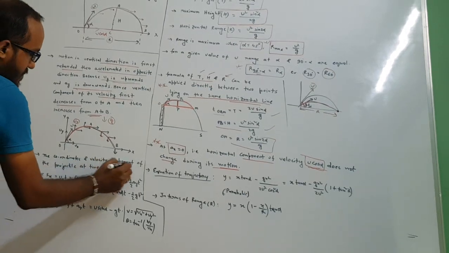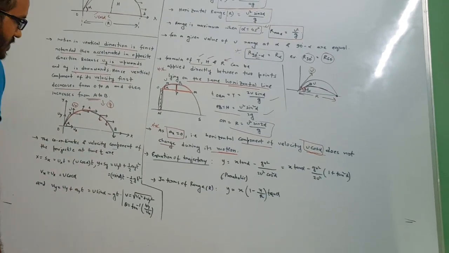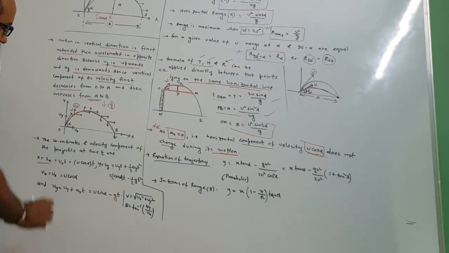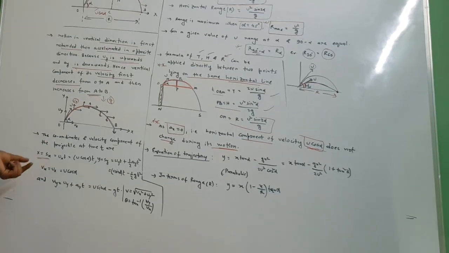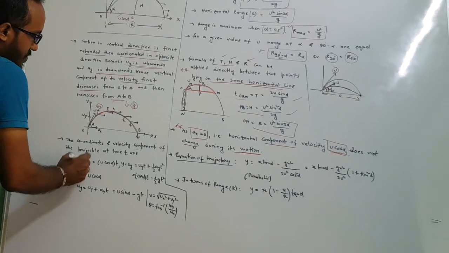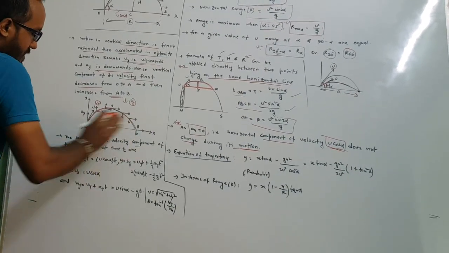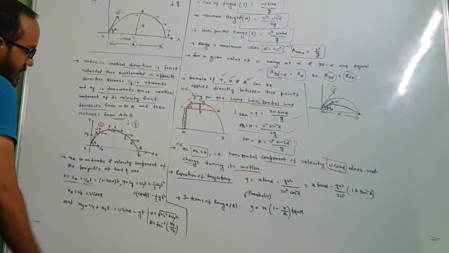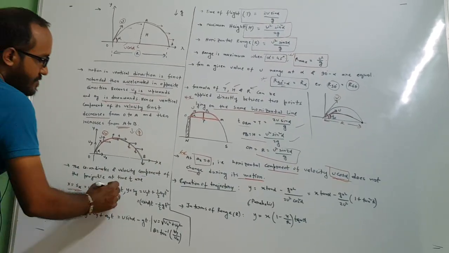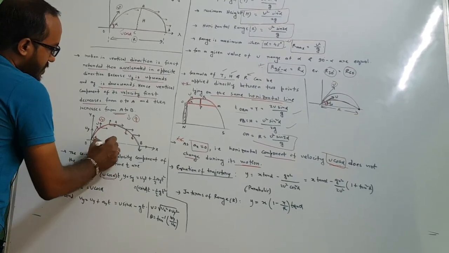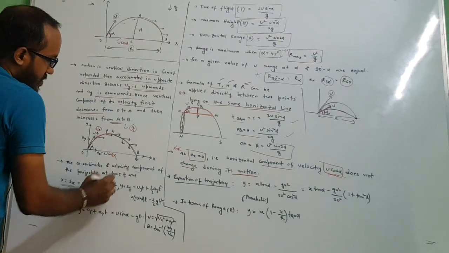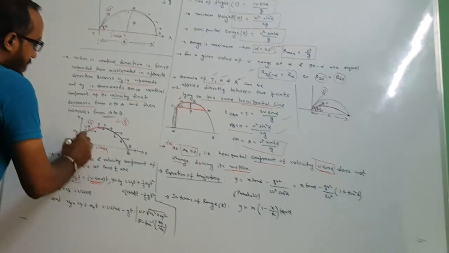The coordinates and velocity components are, see, the coordinate is x and y, right? So x, here we can say that is sx, the horizontal distance, you can apply ux into t. Now what is ux? Ux is u cos alpha, so x is u cos alpha into t. And what is y?